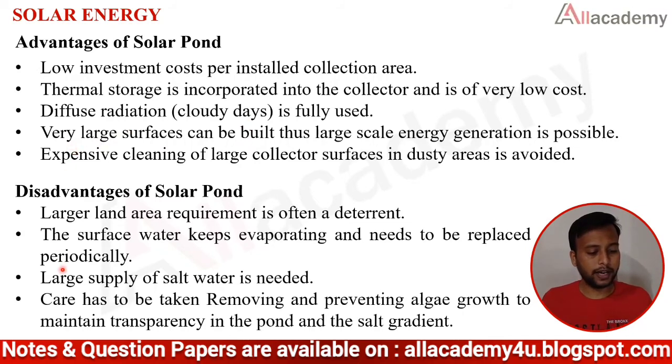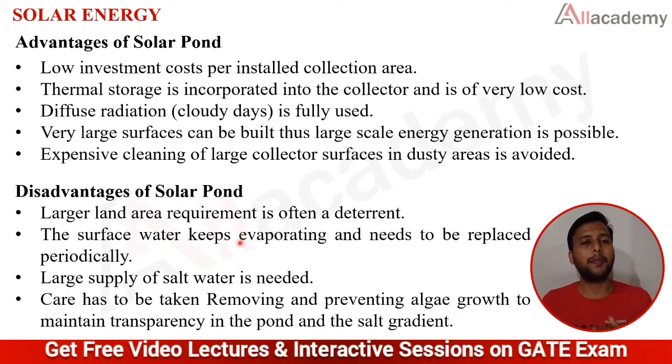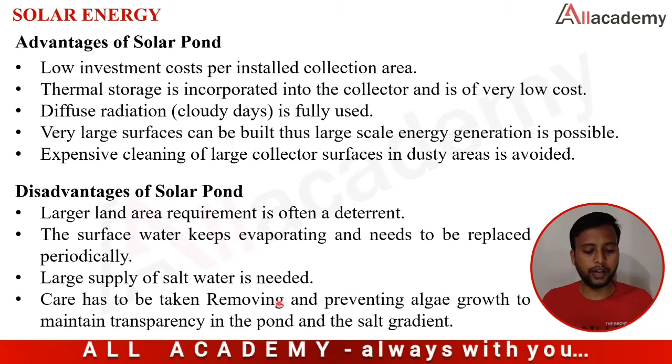Another drawback of this solar pond is that a large supply of water is needed. When the upper surface is continuously evaporating, a larger supply should be provided. Next, care has to be taken to prevent algae. Obviously when there is water, there will be generation of algae.